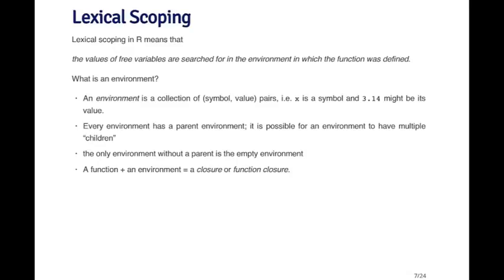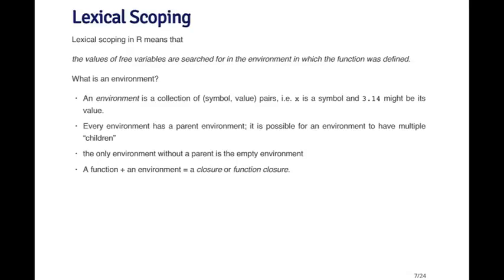And so R uses a lot of these types of environments. So you think of the global environment, which is your workspace. That is a set of symbol value pairs, right? So you have a bunch of things that you've created in your workspace, and they all have names, and each one of those things has an object associated with it. So it might be a vector of numerics, or a data frame, or a list, or whatever. And there are all kinds of these.